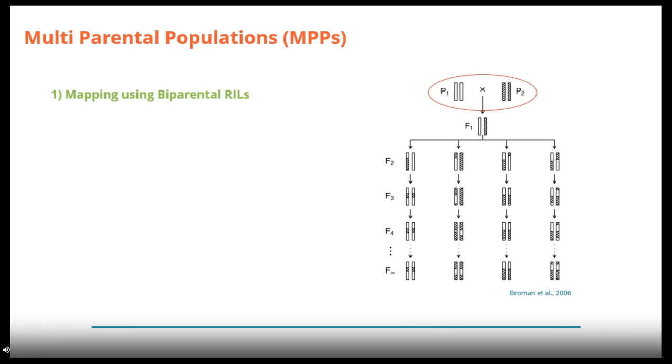So here, as you can see in the picture, the principle behind QTL mapping in biparental populations is that you look at the diversity within a certain species. If you're looking for a specific trait, you should find 2 very divergent individuals for that trait.